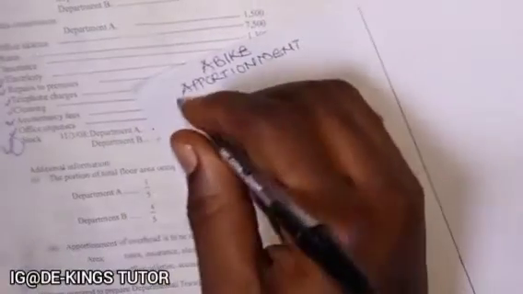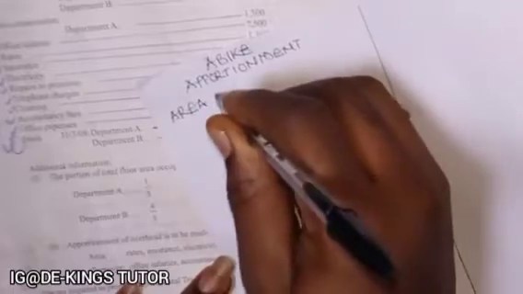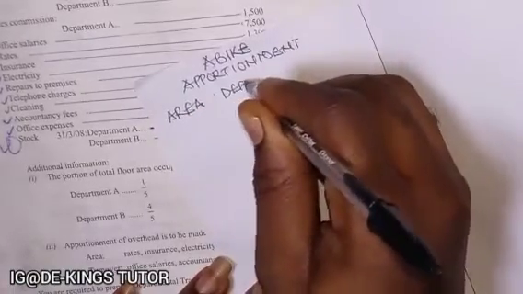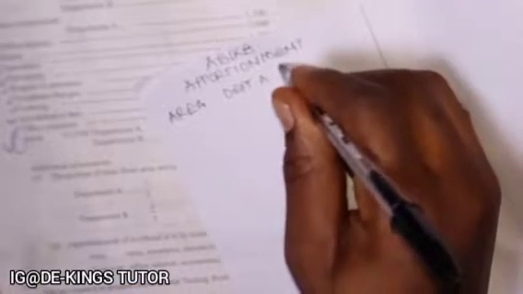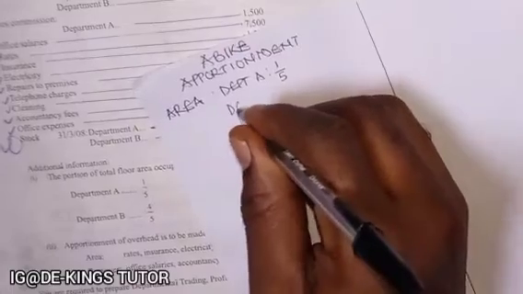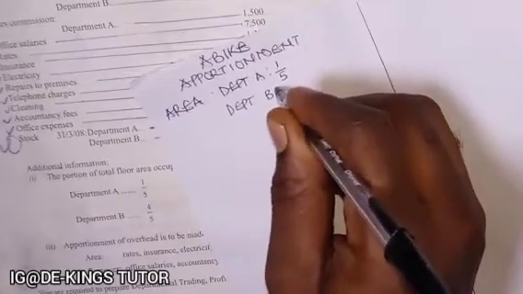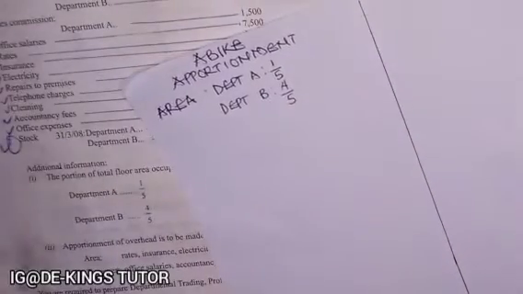So we're going to put it there as area. Department A is 1/5 and department B is 4/5.